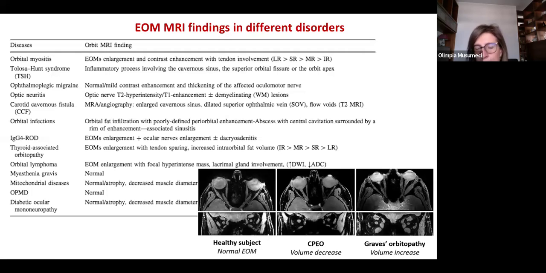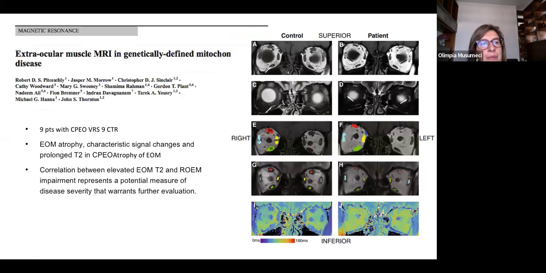A few years ago, a study on muscle MRI was done specifically in a group of patients with mitochondrial disorders, and 9 patients with PEO were compared with 9 controls. And in this nice study it was shown again that the extraocular muscles were atrophic, with some characteristic signal change on T2 sequences.